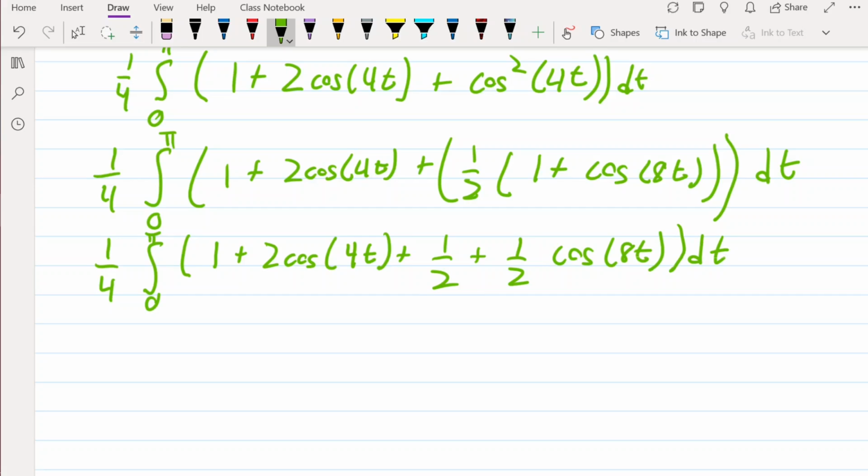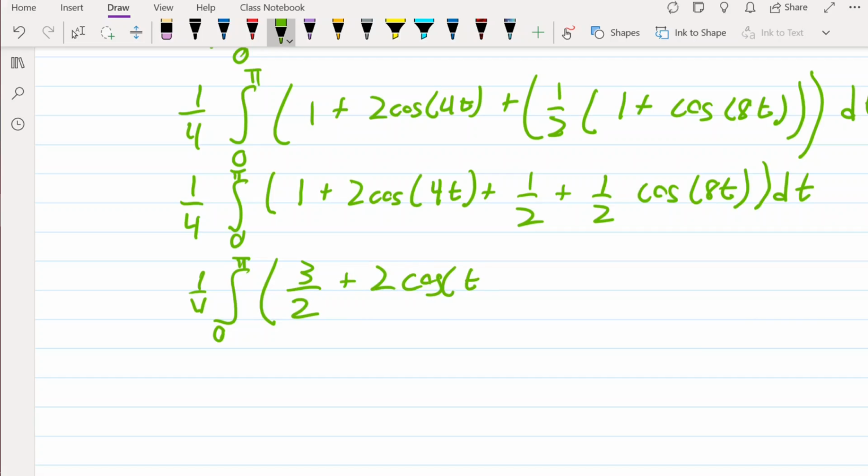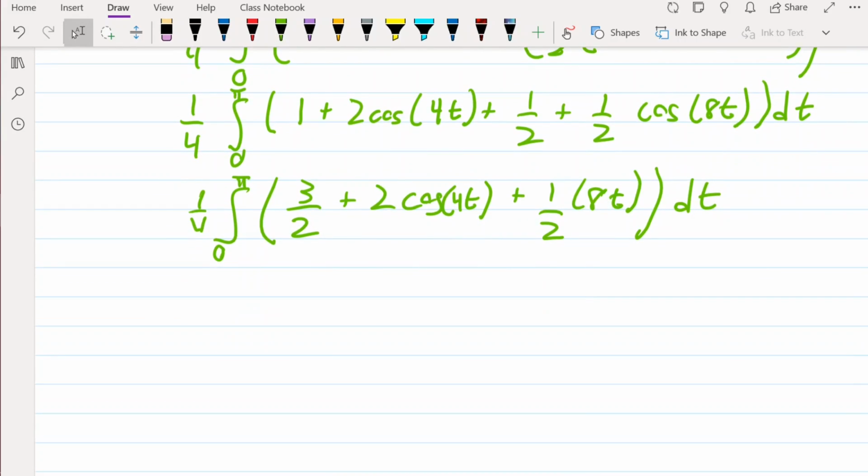Okay, now this has to be brought on over since that's 1/2. That will be 1/4 from 0 to pi of 3/2 plus 2 cosine of 4t plus 1/2 cosine 8t dt. Oops, that's bad notation.